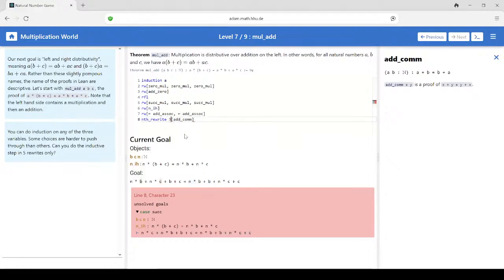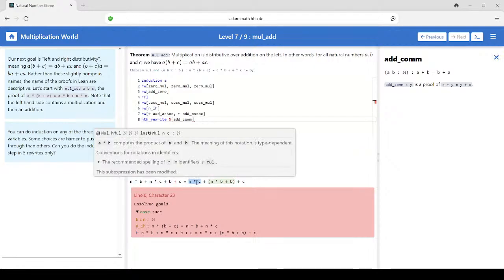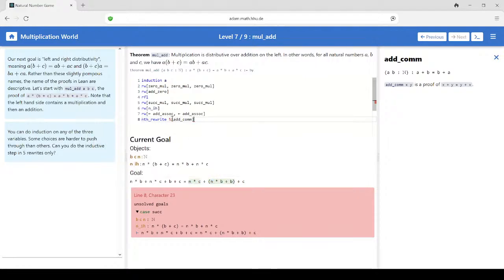What if we move the fourth one around? The fifth one? N times c, n times b. The sixth one? N times b plus b.